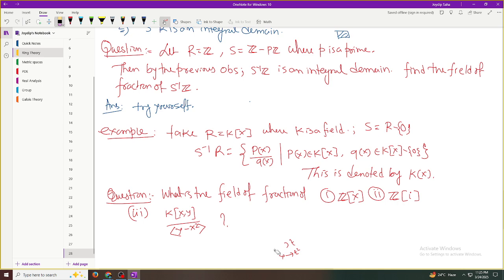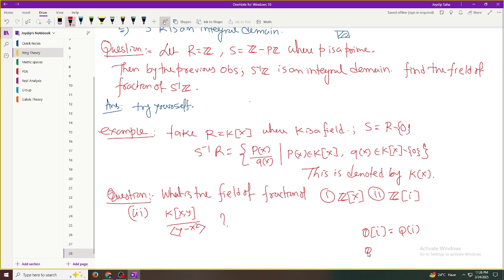Here also, is k(t) equal to k[t]? No, no, no. k[t] is not equal to k(t). Here is a relation: Q[i] equals Q(i), because there is the relation i square plus 1 equals 0.